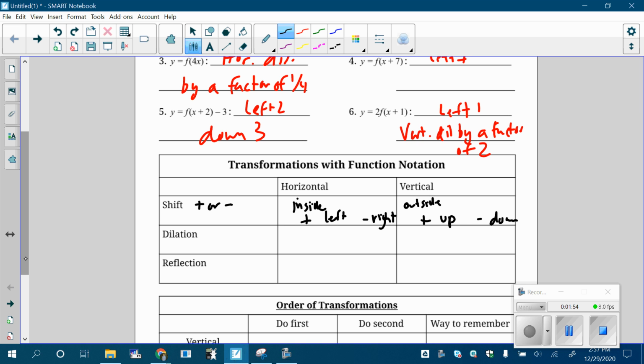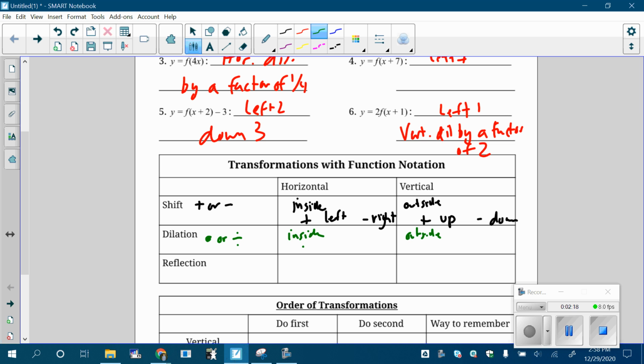Dilations are where it gets a little tricky. Remember, dilation is another word for a stretch or a shrink. And the way you tell something is a dilation is if there's multiplication or division, and horizontal is on the inside, and vertical is on the outside. And again, the horizontal works backwards.